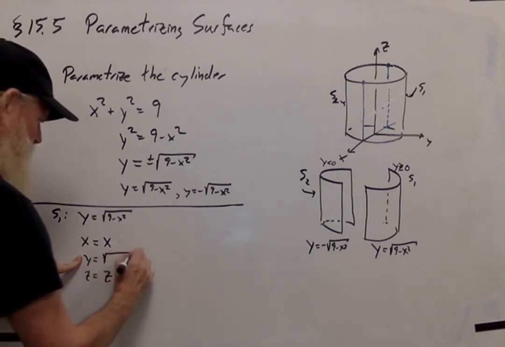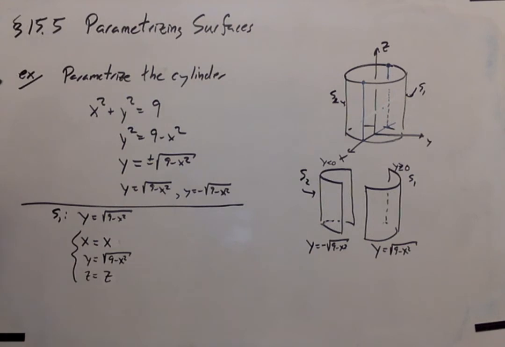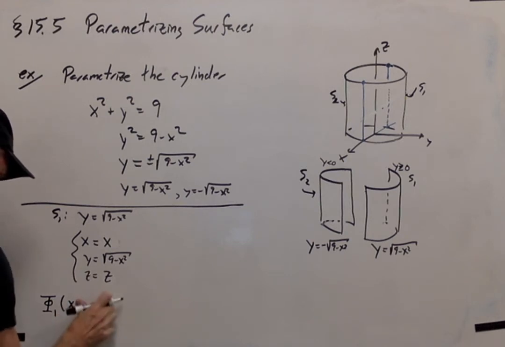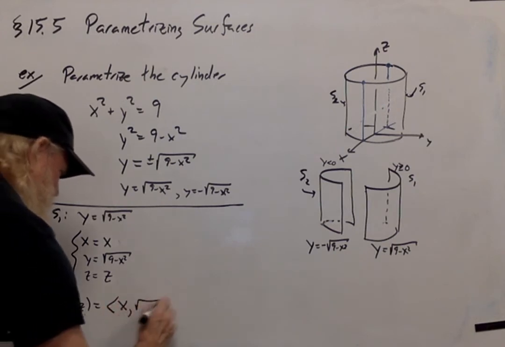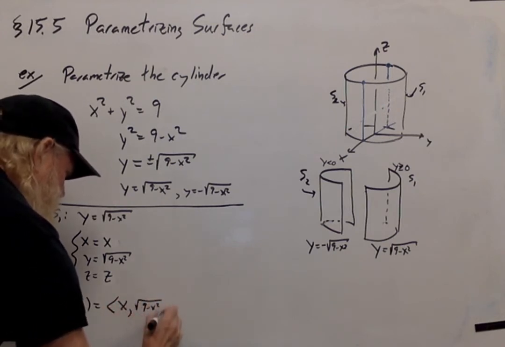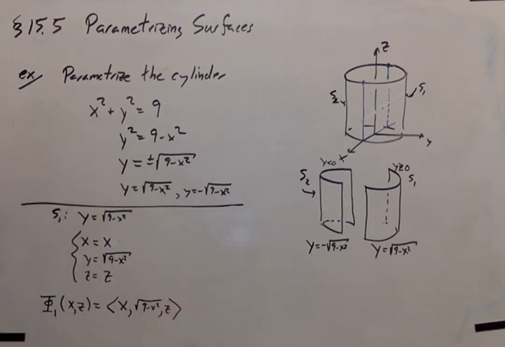And then y is the square root of 9 minus x squared. If you prefer at this point to write u and v, and to say that y is the square root of 9 minus u squared, that's perfectly fine. So phi1, my first parameterization, says that phi of x and z is x, square root of 9 minus x squared, and z.